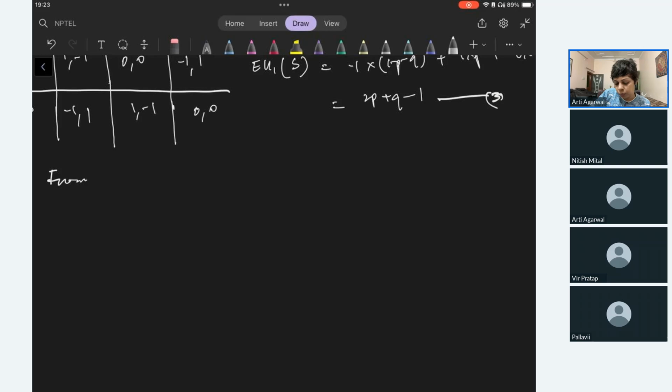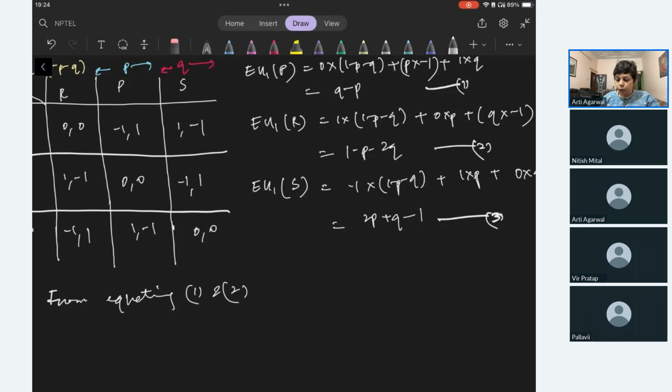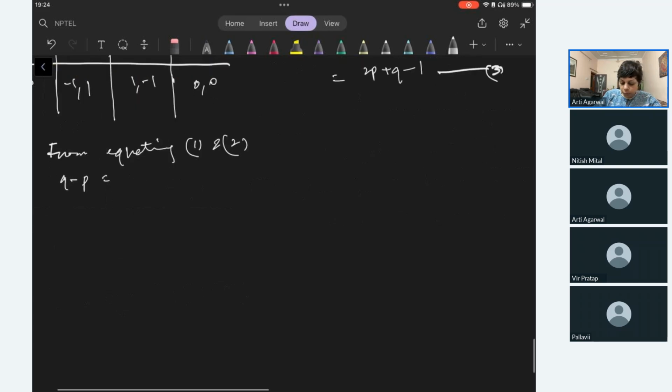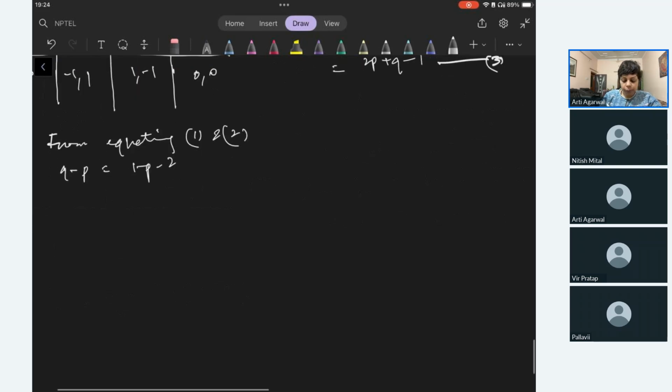Equating 1 and 2 is just a little bit of playing around with the equations. Now, if you equate 1 and 2, you will see P automatically gets eliminated from the equation. You get Q minus P is equal to 1 minus P minus 2Q. P cancels out from both the sides. 3Q is equal to 1. Q is equal to 1 by 3.